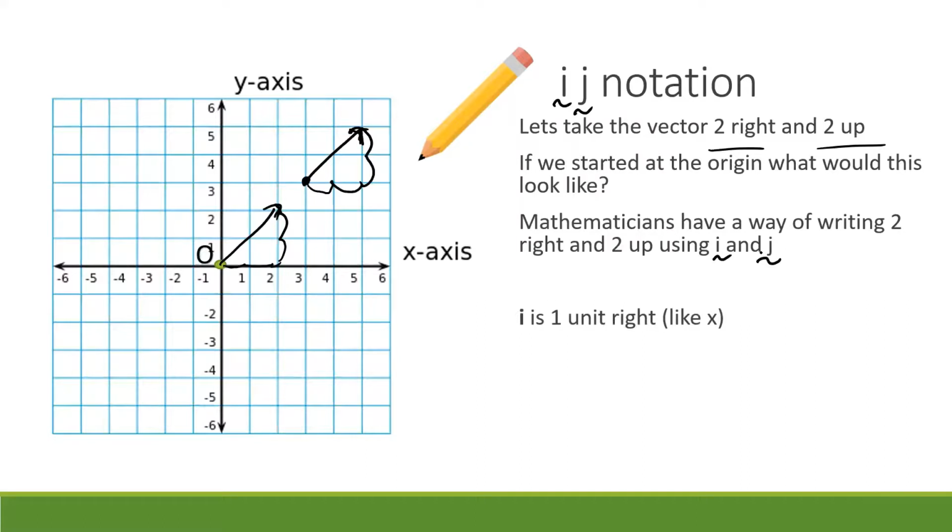So if I say 3i, that means I'm going 3 units to the right. If I say 4i, it means I'm going 4 units to the right. If I say negative 2i, where do you think that's going to go? Where do you guys guess? Write it in the chat, or you can say it out loud if you want to unmute yourself. Where do you think negative 2i is going to go?